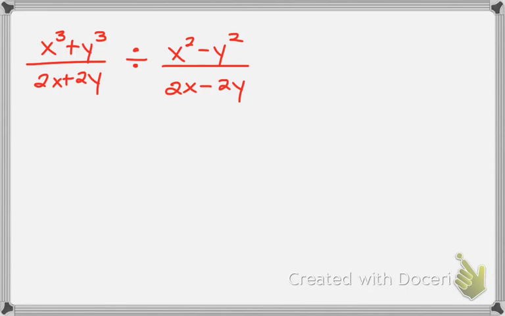So you have a sum of cubes, so you have to remember the sum of cubes. If you do not have that memorized yet, you might want to work on that. X plus y times x minus.